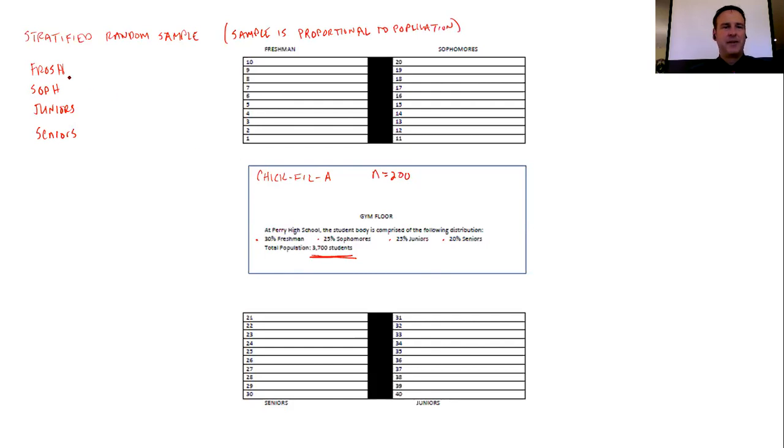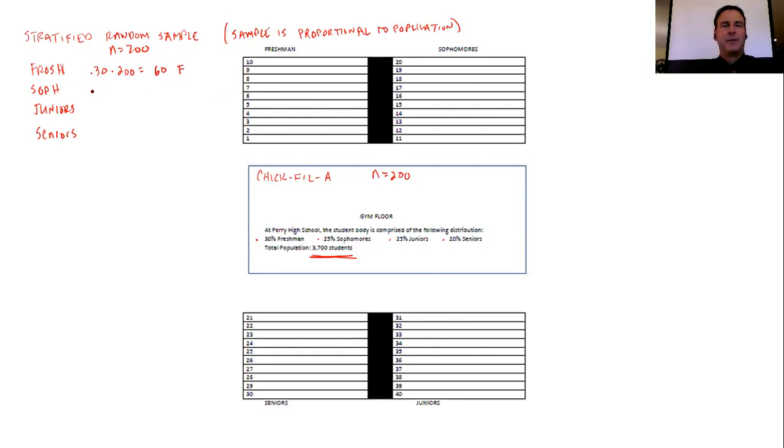So what that means is for the freshmen, that's 30%. If my N, which is 200 in my sample, that's what I'm committing to, what I'll have to do is take 0.30 and multiply it by 200. And that will give me 60. So I'll need 60 freshmen.